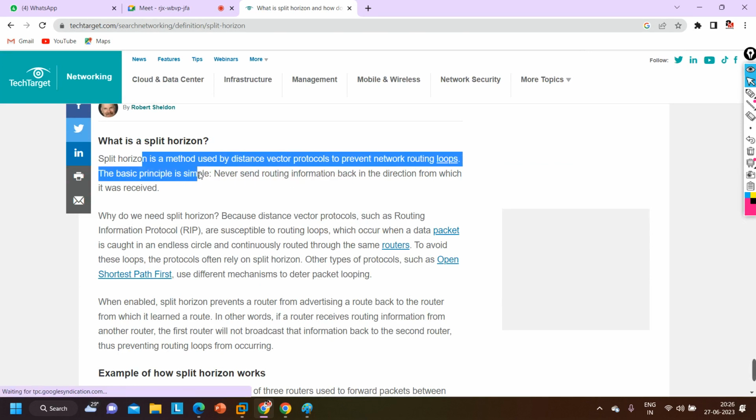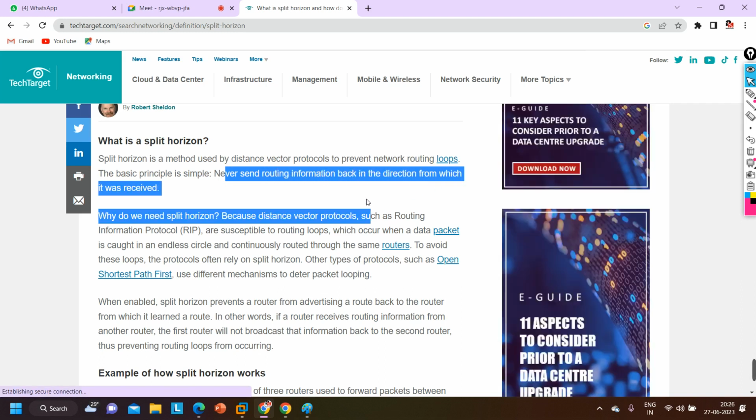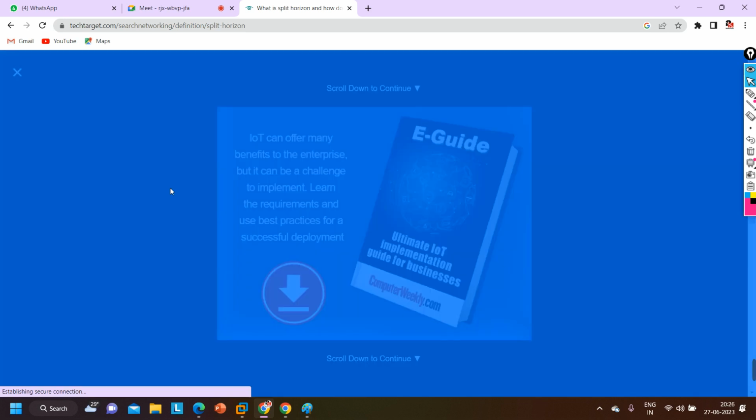The basic principle is simple: never send routing information back in the direction from which it was received.